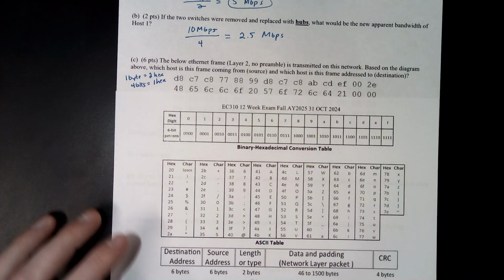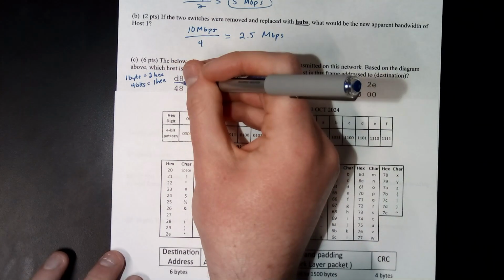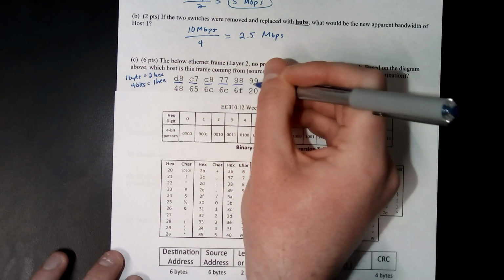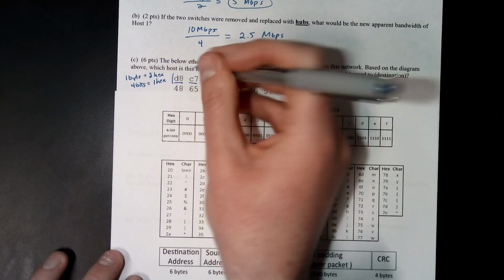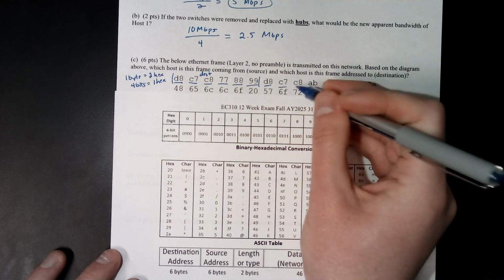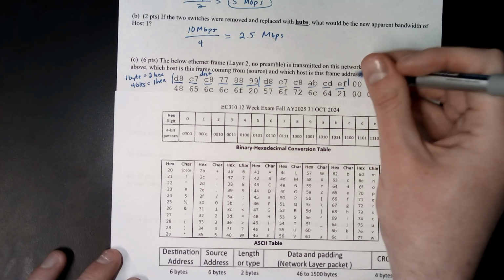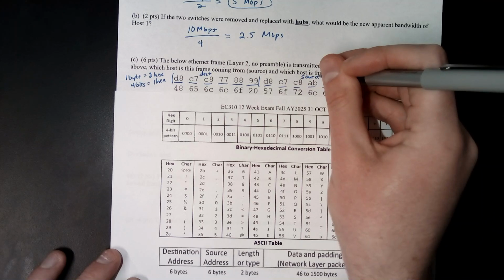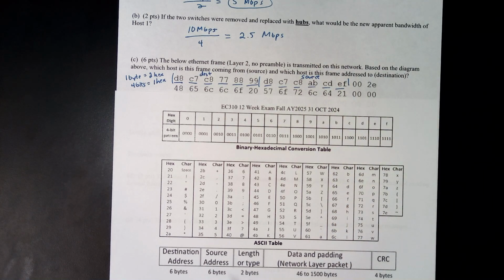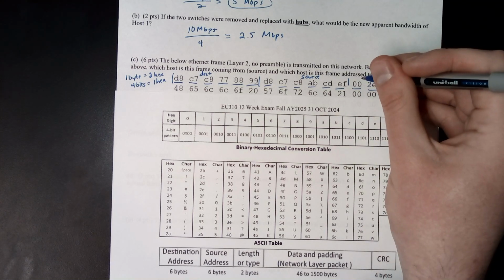So to read this, we've got 6 bytes of destination address. So 1, 2, 3, 4, 5, 6. That whole thing is my destination. 1, 2, 3, 4, 5, 6 more bytes is going to be my source. And that's just reading this format. The next 2 bytes are length or type.